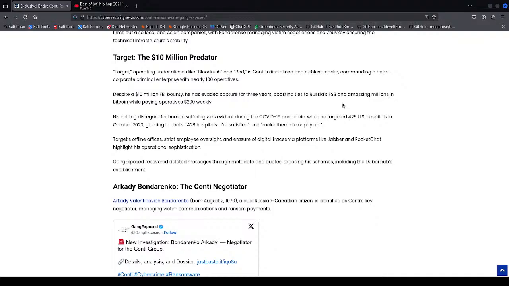So that's how profitable these guys were. The fact that you got 100 people working for you in literally a company designed to just wreak havoc on computer systems.